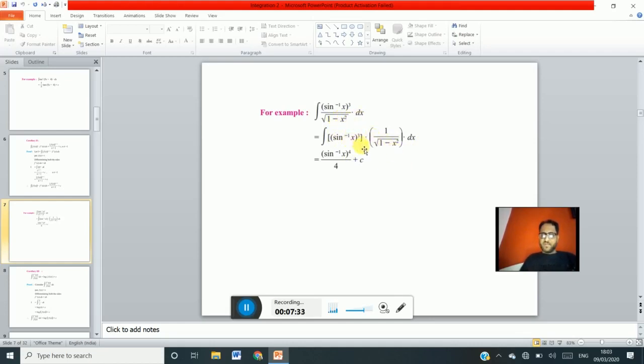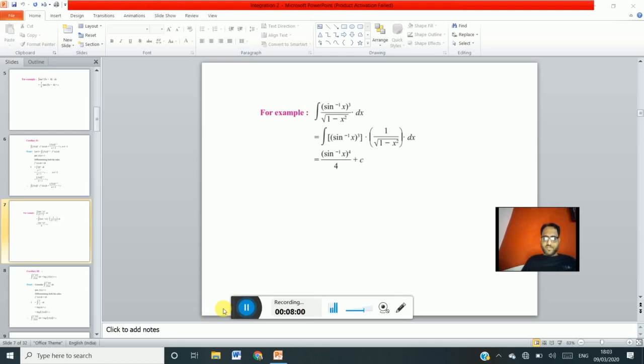Now it is in the form of f of x into f dash x, where 1 upon root 1 minus x square is the derivative of sin inverse x, right? So what is the result of this here? Sin inverse x to the power 3 plus 1 upon 3 plus 1, which means 4. So sin inverse x to the power 4 upon 4 plus c. This is the final answer, right?